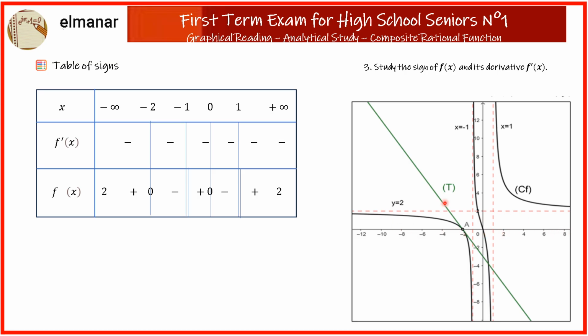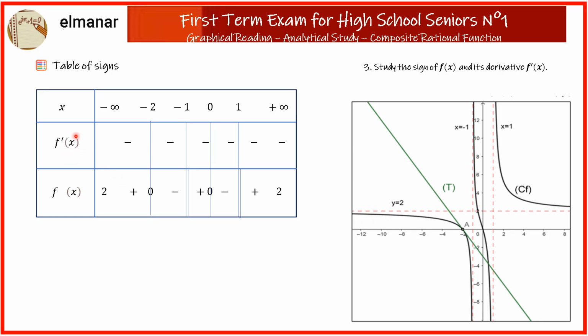These values are organized according to different intervals or key points. From left to right, we have the following entries: negative infinity, -2, -1, 0, +1, positive infinity.